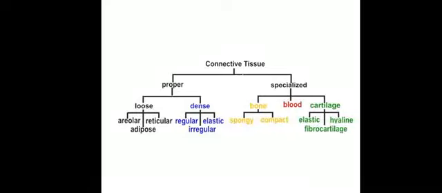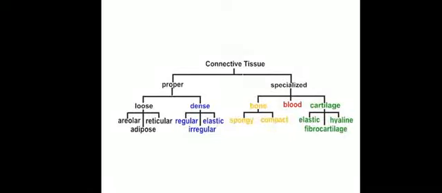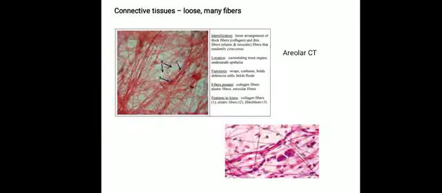Then the proper, we have loose connective tissues and dense connective tissues. Under loose: areolar, adipose, reticular. For the specialized: bone has spongy bone and compact bone; cartilage has elastic, hyaline, and fibrocartilage.